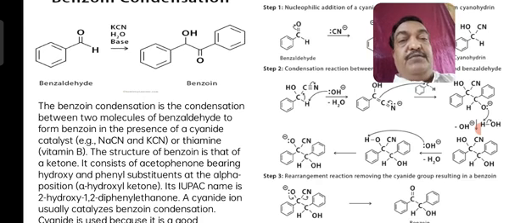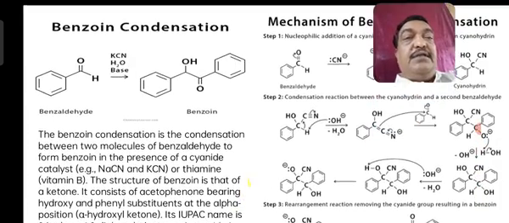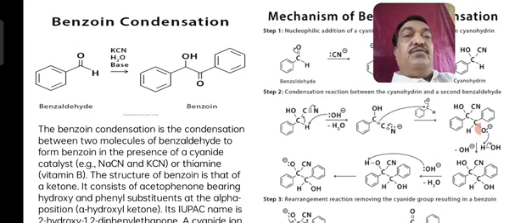The IUPAC name of this compound is 2-hydroxy-1,2-diphenylethanone. Okay, so this is a reaction that you have to remember. So when two molecules of benzaldehyde are allowed to react with aqueous KCN, they undergo condensation to form a hydroxy ketone compound known as benzoin.